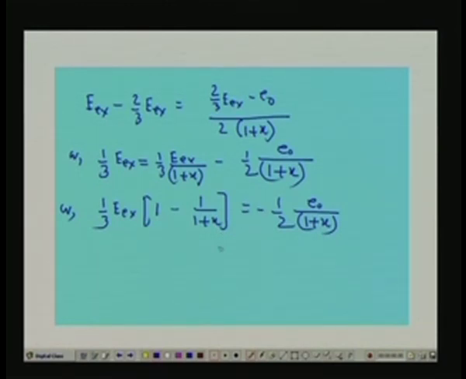So, this will lead to an expression E naught by Ex equal to minus 2 by 3 X, right.